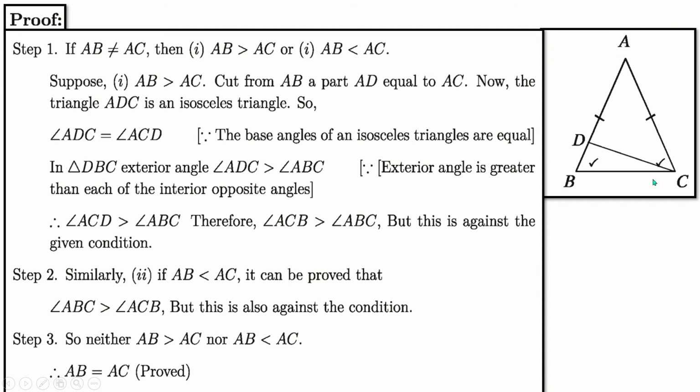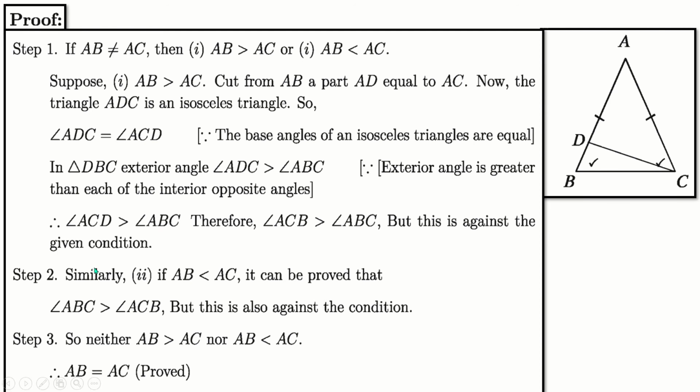But ADC is equal to, we have got, ACD, therefore ACD is greater than angle ABC. Therefore ACB must be greater than ACD. As ACD is greater than ABC, therefore we can say ACB is greater than ABC, but this is against the given condition.